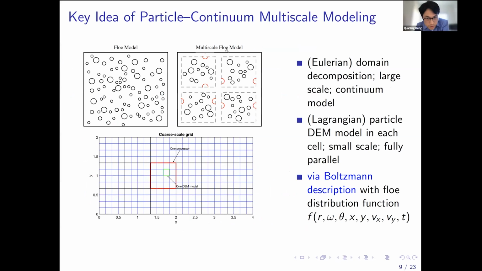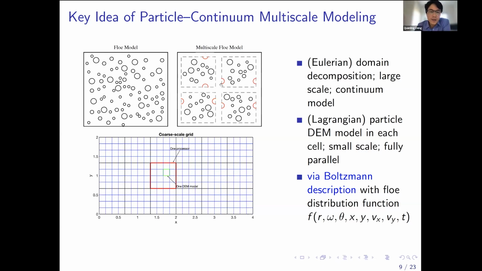And then for the multiscale model, we first decompose the domain into several pieces, say domain decomposition. So we look into each cell, say this is a coarse cell. The coarse cell contains some number of flows, and then we have some mesh. Each cell has a small DEM.